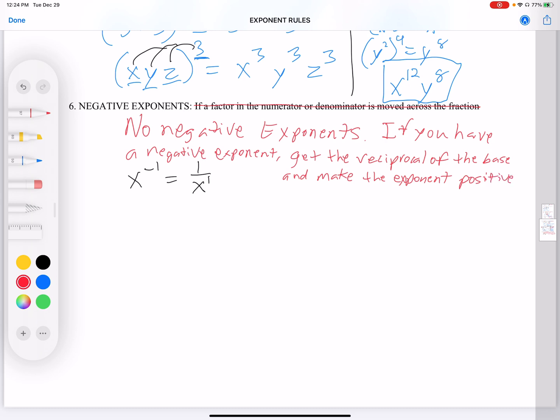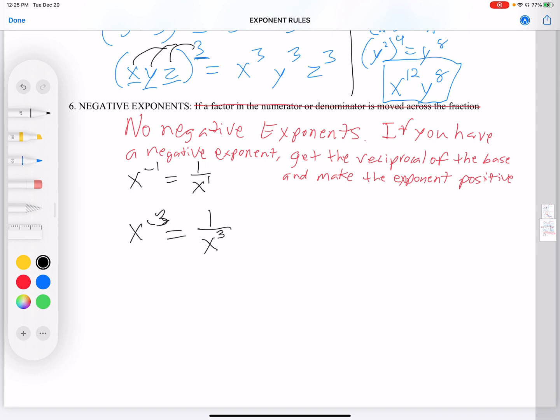Okay, so here's another example, 5x to the negative 3. I'm going to get the reciprocal of the base. The reciprocal of x is 1 over x. And instead of it being negative 3, I'm going to change the exponent to positive 3.